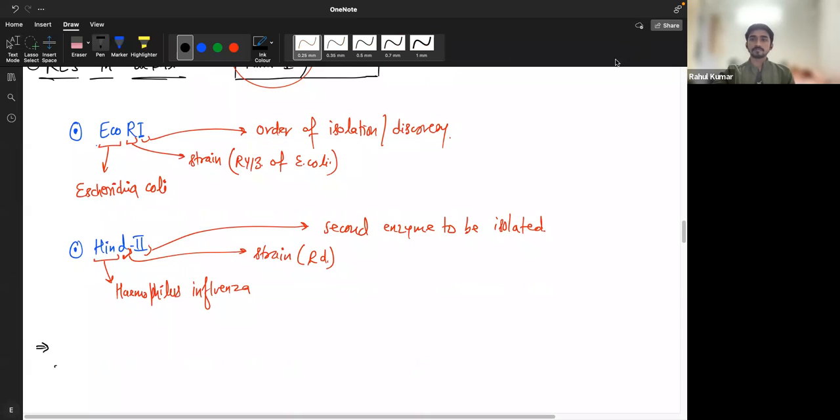I think in your NCERT, they talk about a lesser number. But there are somewhere around 900 to 1,000 REs, restriction enzymes, including both endo and exo, that scientists have isolated from more than 250 strains.